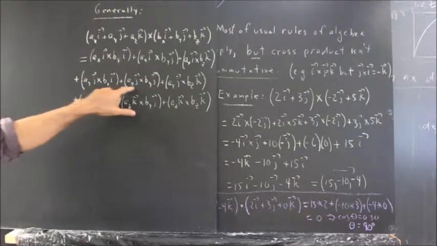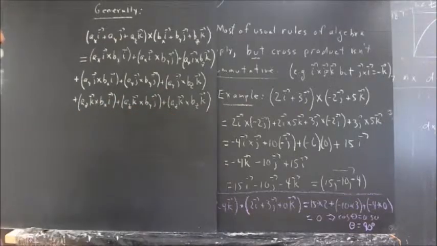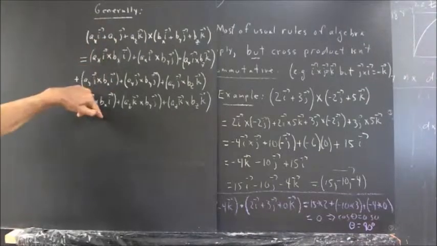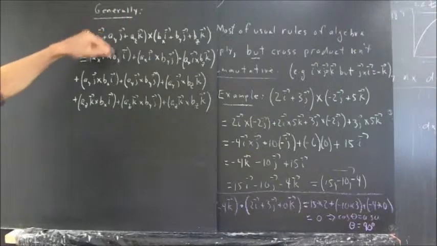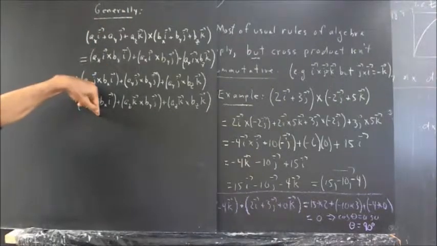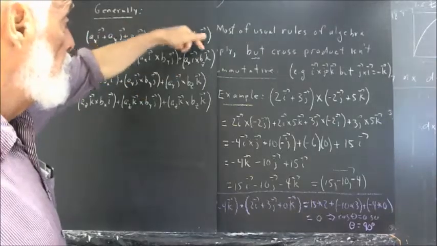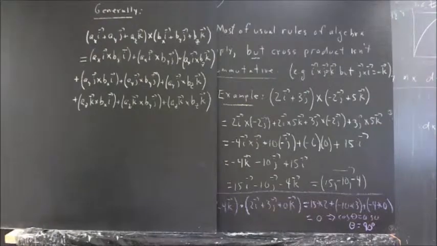The second, it's ayj, and the third, it's azk. So those all check out. The second factor, here, here, and here, should be the first term here, bxi, bxi, bxi. Then byj, byj, byj, bzk, bzk, bzk. So I think I've got it right.